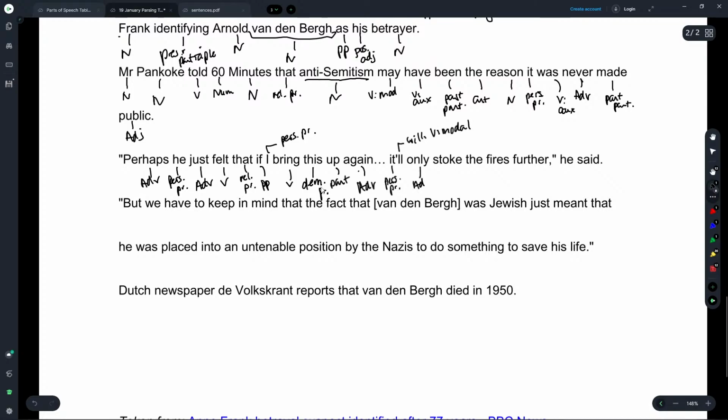Only, adverb. Stoke, verb. The, article. I was ready to write determiner, but it's article. Fires, noun, and further, adverb. Don't know where I wrote adjective. So it will stoke the fires further.